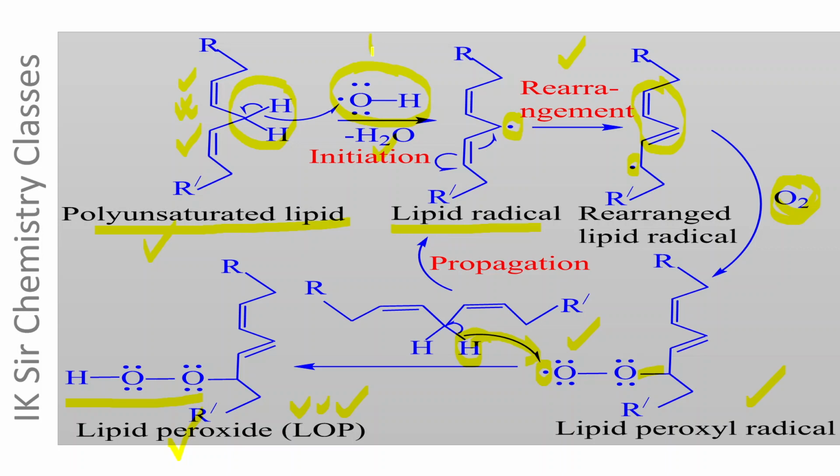Even one hydroxyl free radical can transform a number of polyunsaturated lipid molecules into lipid peroxide, and thus our cell is damaged. It is called oxidative damage or free radical damage of our cell membrane.